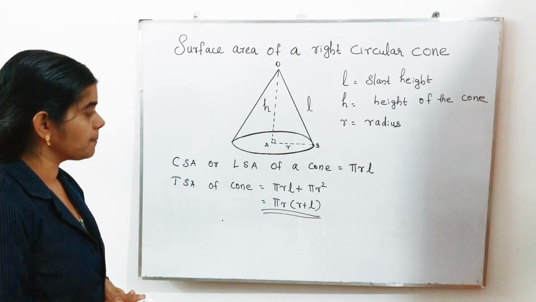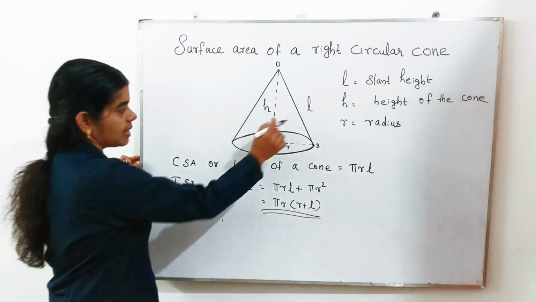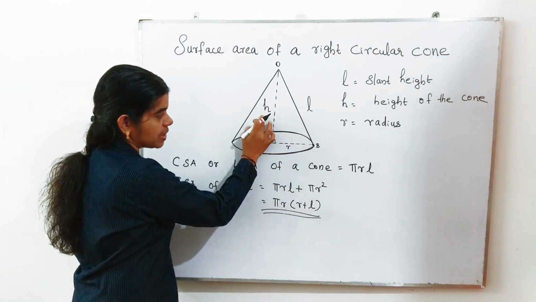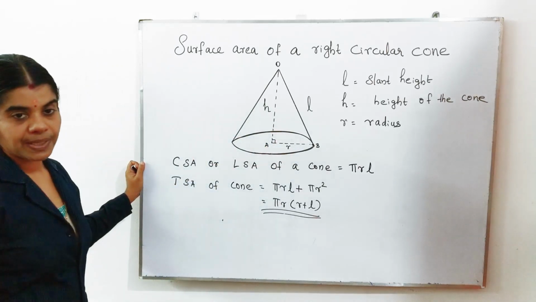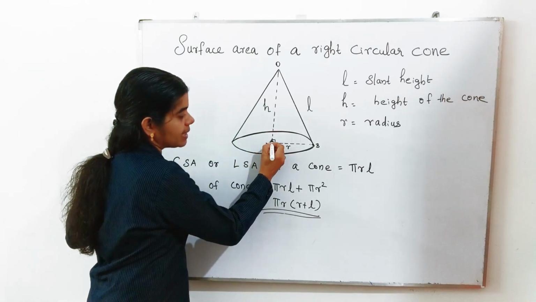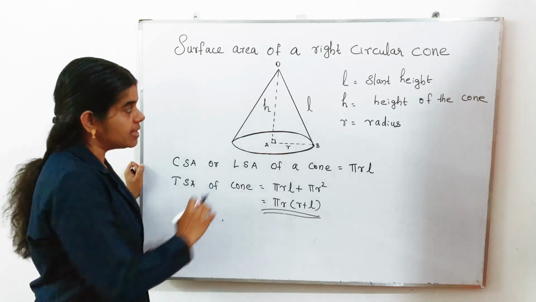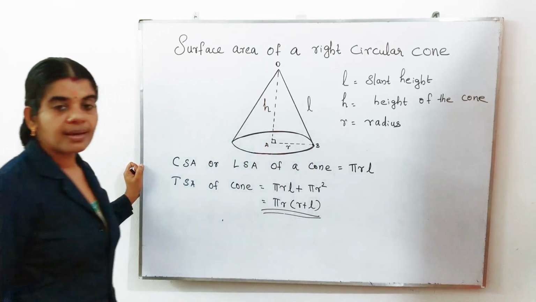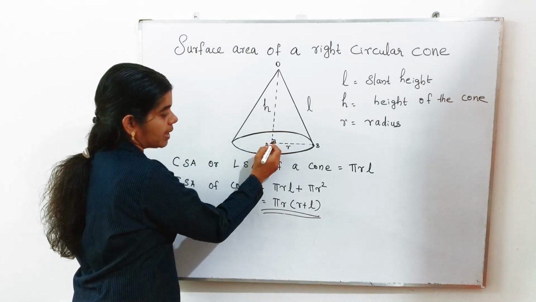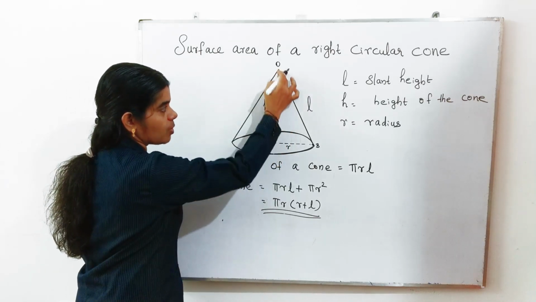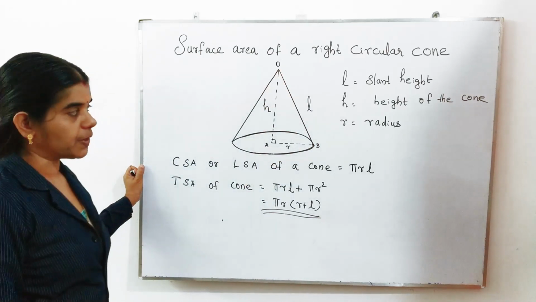Next I am discussing this. L is the slant height, H is the height of the cone, R is the radius of the cone. I already told you that angle A is 90 degrees, so OAB is a right triangle. Using the Pythagoras theorem, the side opposite the 90 degree angle is the hypotenuse.